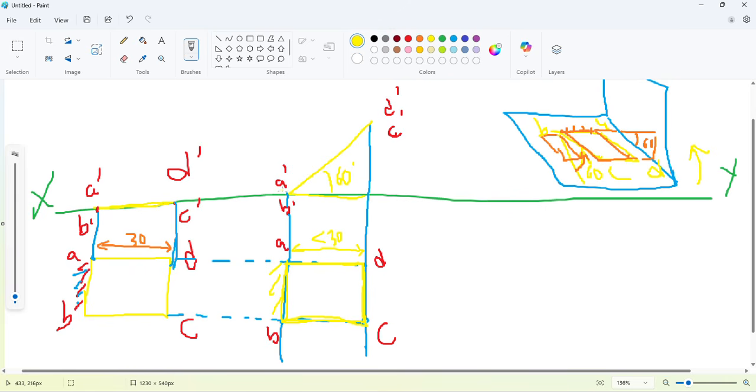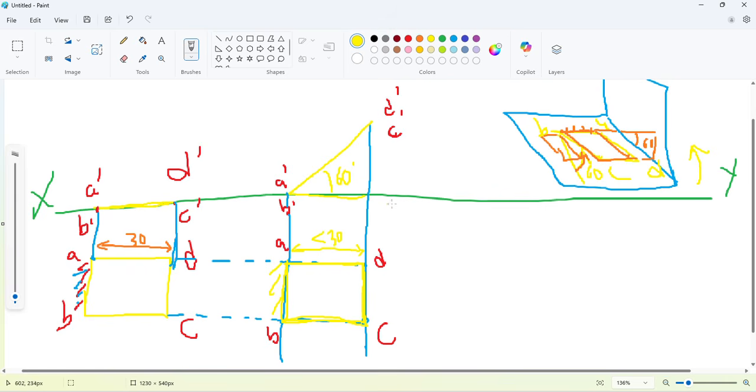Later we have to trace out the points from A dash B dash. We know at this point we have A dash and B dash, so we have to draw a vertical line, and from point A you need to draw a horizontal line which will intersect with this line. We will get this point A at this intersection. Again follow the same step for the remaining points.